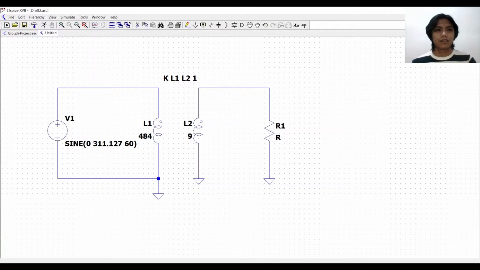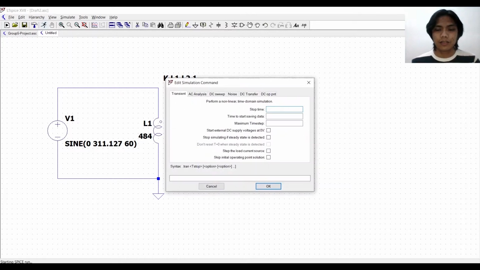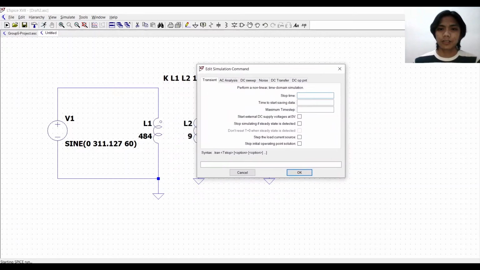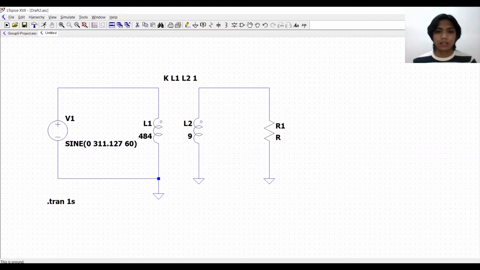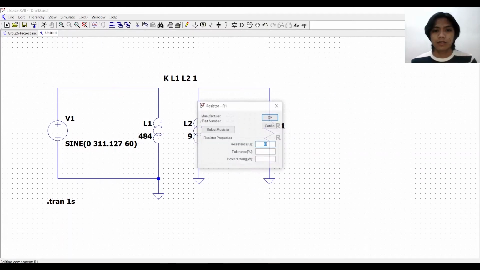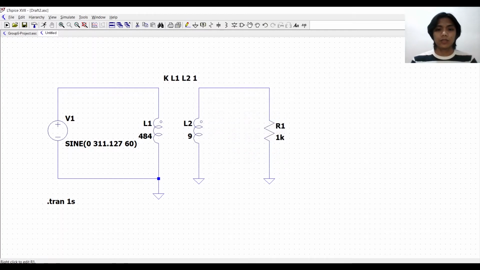By doing so, we can now simulate the circuit. I will be using a stop time of 1 second. This is a transient simulation. So we just have to set the load resistance.